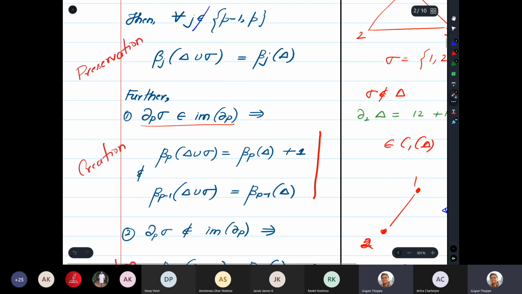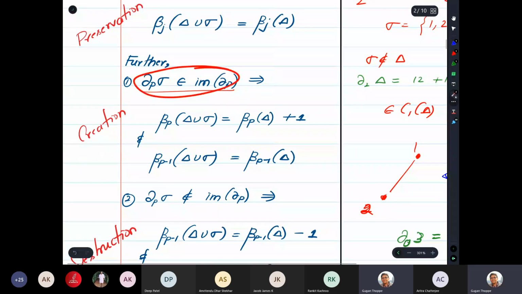I will refer to this condition as creation. Why do I say creation? Because you can see that one p-dimensional, or p plus 1 dimensional, hole is being created over here. That's why the pth Betti number increases by 1, right? So what this statement is saying is that when you add sigma to delta, you are creating a p plus 1 dimensional hole if this condition is true.